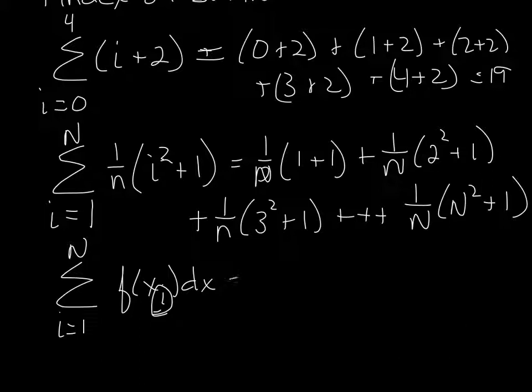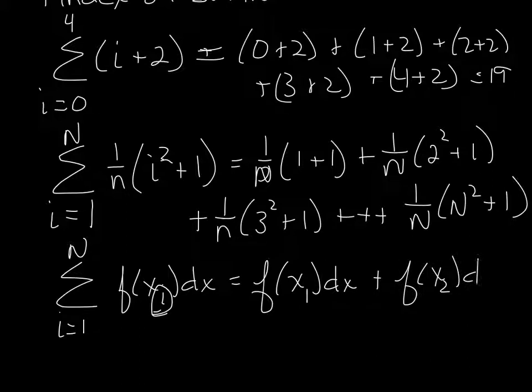Yes, ma'am? n squared plus 1. It's just finishing out that pattern. This would be f of x to the first term times dx plus the second term dx plus the third term dx all the way up to whatever the nth term is.